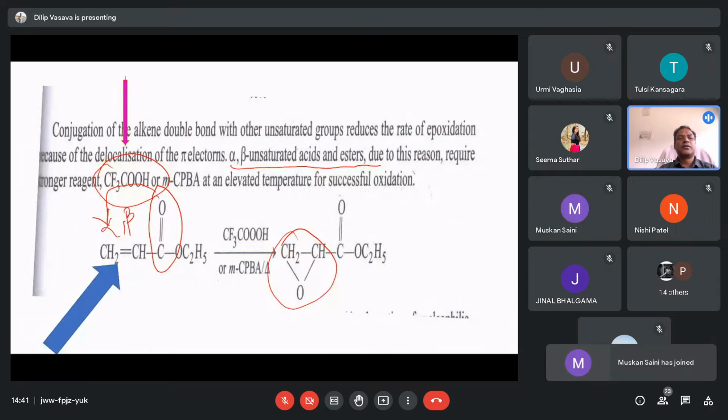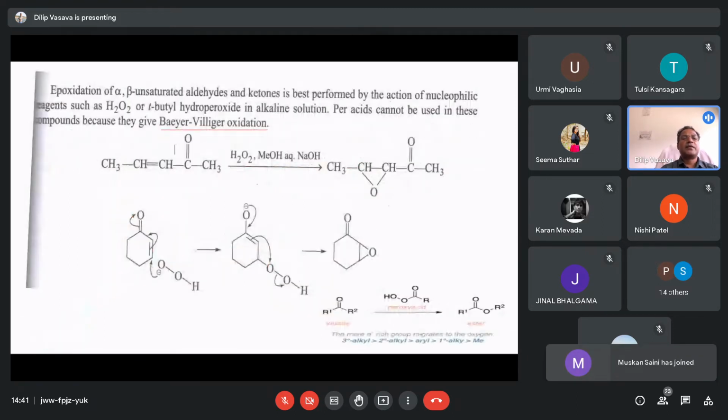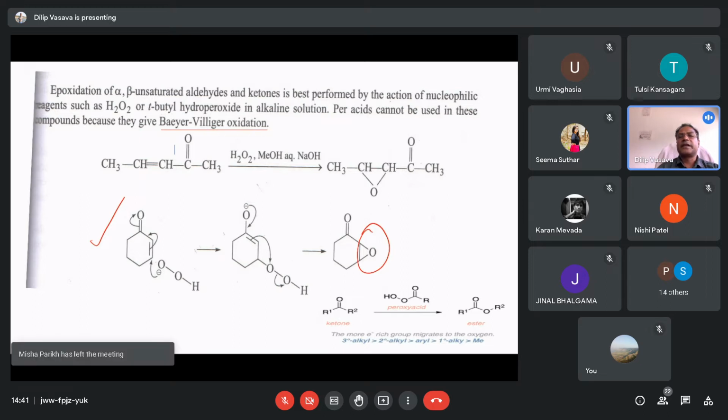Now here a good example of the Baeyer-Villiger oxidation is given, and it is good for the oxidation of aldehydes and ketones. This is familiar to you, the Baeyer-Villiger oxidation, where epoxidation is taking place.